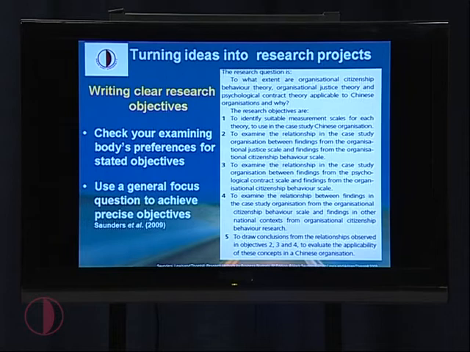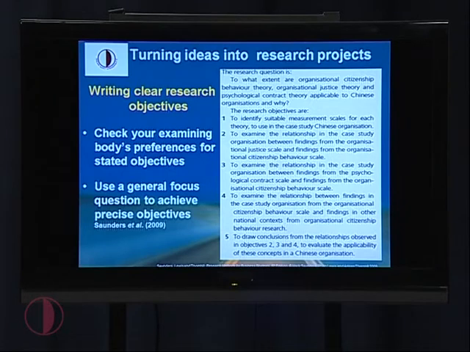Then we derive some research objectives, such as to identify suitable measurement scales. In order to have some variables, you need scales to measure these variables. To examine the relationship, in the case study organization, between findings from theory A and theory B.